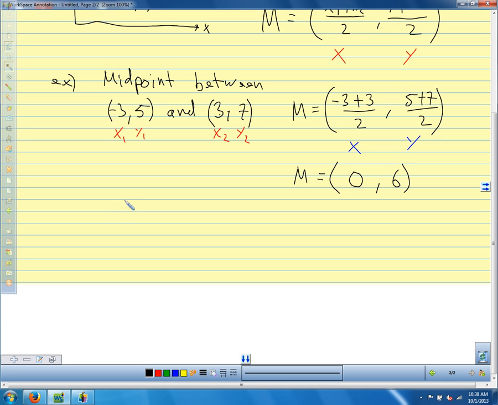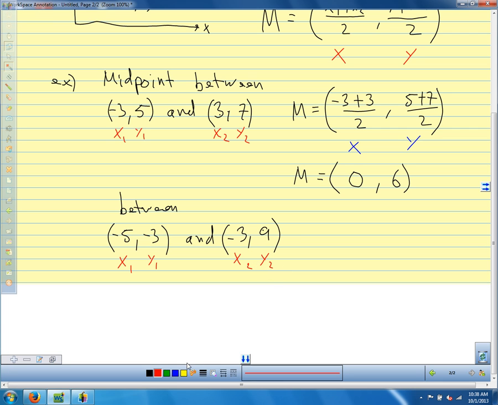So let's look at one more. Between negative 5, negative 3, and negative 3, 9. So we're finding the midpoint between these 2 points. Let's label these x1, y1, x2, y2.